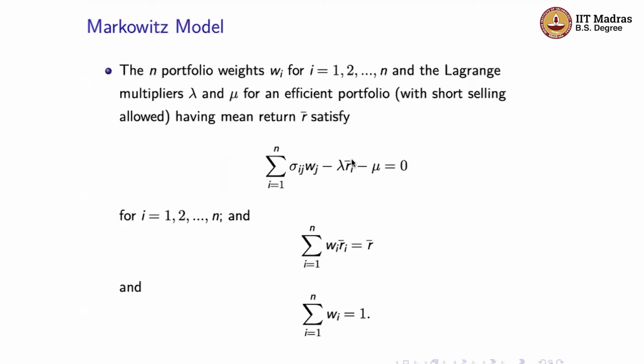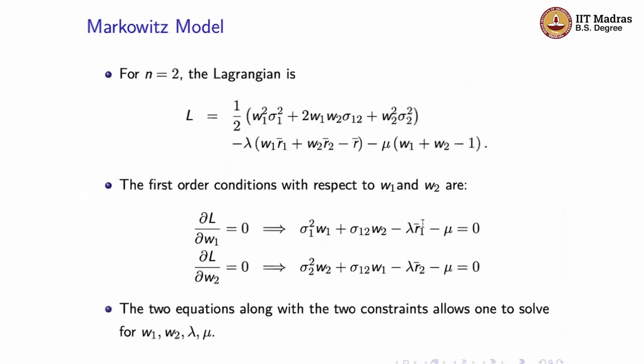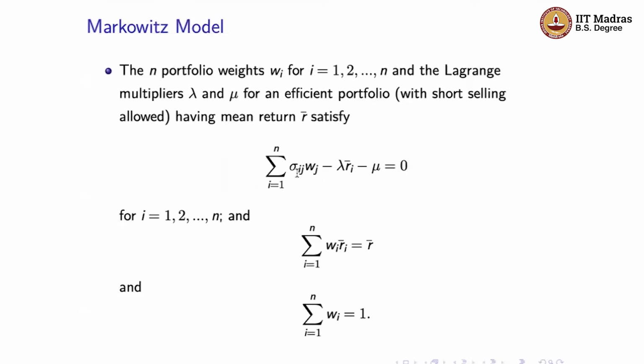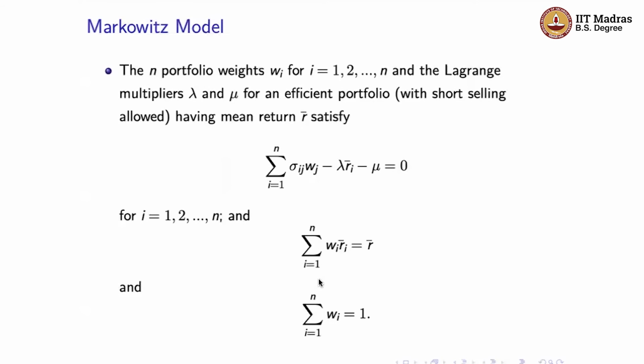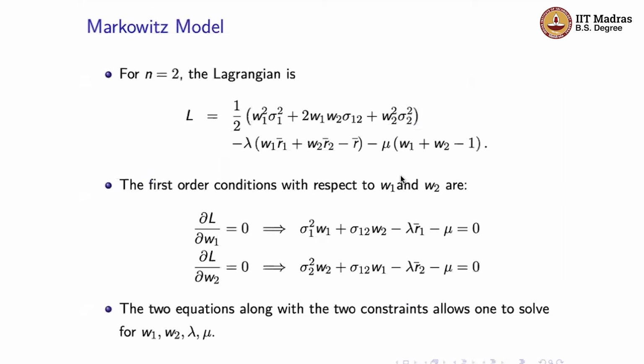Minus lambda R1 bar minus mu, right? Again, this is what you see, right? And the second term is going to be sigma 1, 2, W1, or rather sigma 2, 1, W1, which is the same thing, plus sigma 2, 2, W2. So again, sigma 2, 2, W2 is sigma 2 squared W2 minus lambda R bar 2 minus mu equal to 0, right? So we can see here that this is consistent with what we had found.